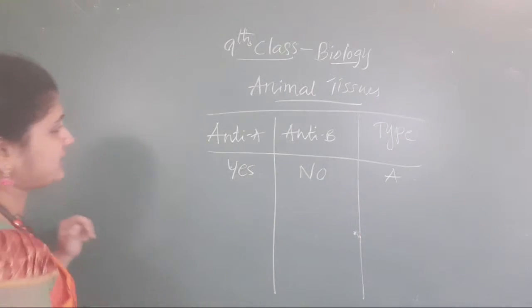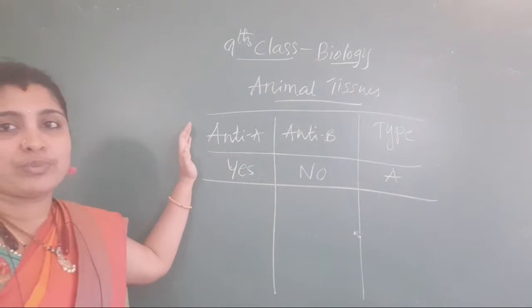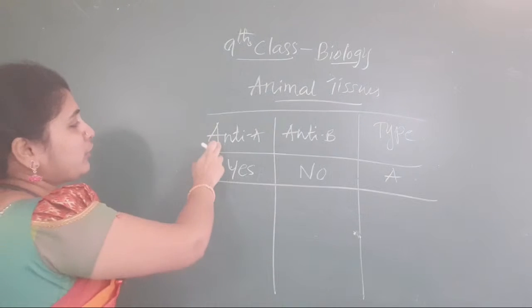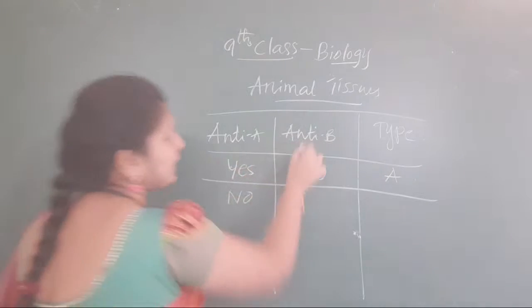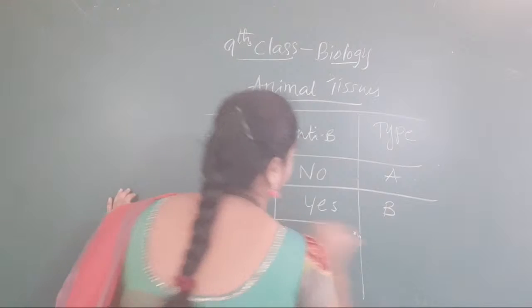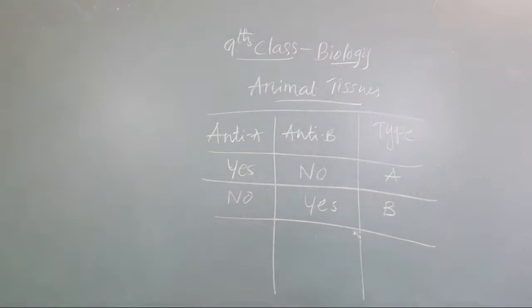Next one, if in the anti-A no clumps are formed, but in the anti-B the clumps are formed, then the group is B. Okay, students? Then the blood group here is B.